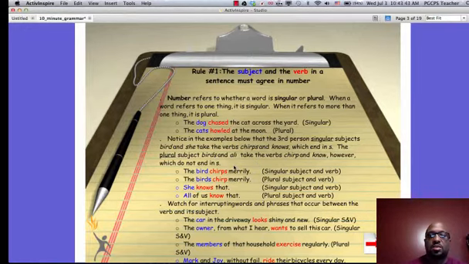So essentially what this is saying is that when you have a singular subject, such as in this case, the bird chirps merrily, the subject is bird, so you need a singular verb. Singular verbs end in s. Okay? Plural verbs do not end in s. So for example, the birds, which is a plural subject, chirp merrily. Chirp is a plural verb.